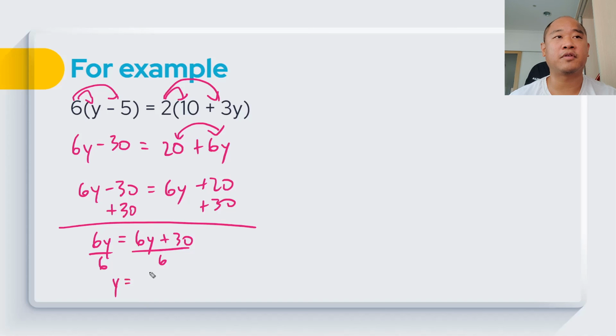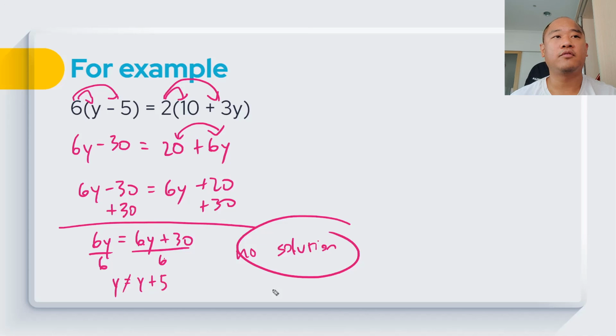So if we divide both sides by 6, here we would distribute the division, right? So 6y divided by 6 is y. 30 divided by 6 is 5. So y equals y plus 5, and that's not going to be true. Yeah, so this is no solution. If you get to the point where one side of the equal sign clearly does not equal the other side of the equal sign, then that's a no solution.